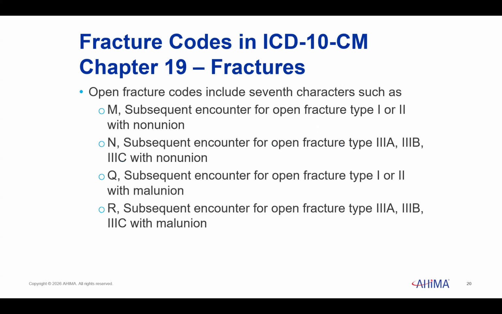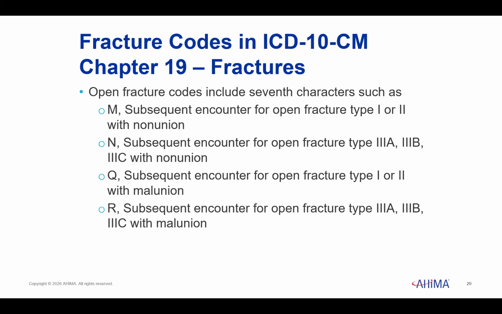More on open fractures. We have the non-union and malunion. We've addressed these before, but this kind of spells it out. We have M, subsequent encounter for open fracture type 1 or type 2 with non-union. N for subsequent encounter for open fracture type 3A, 3B, and 3C with non-union.